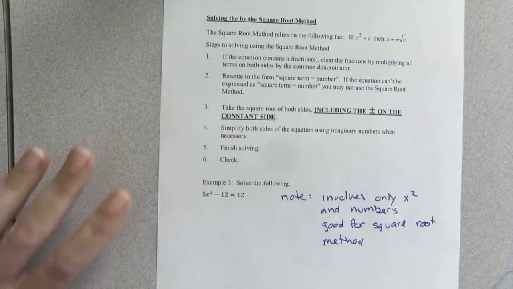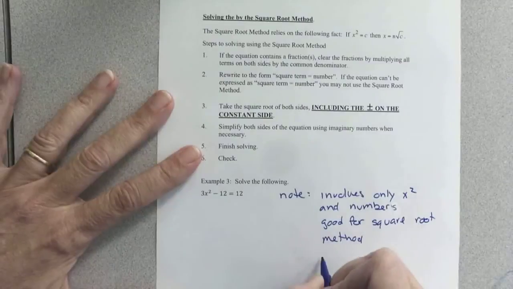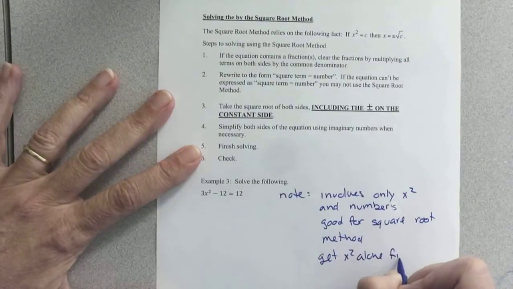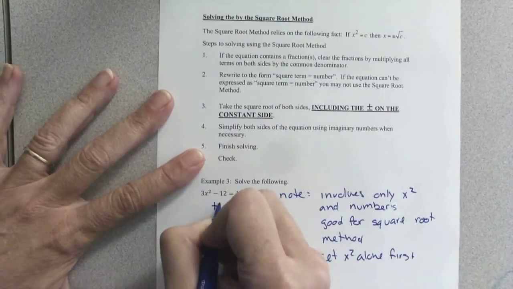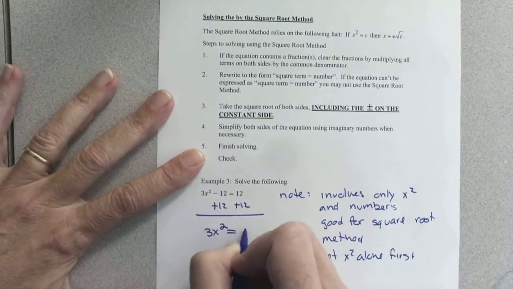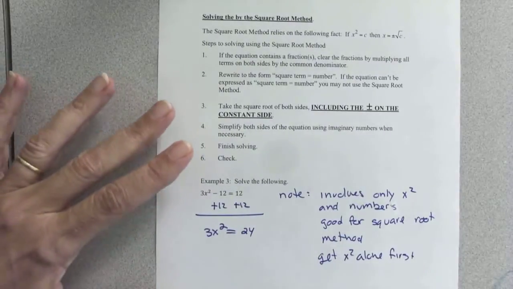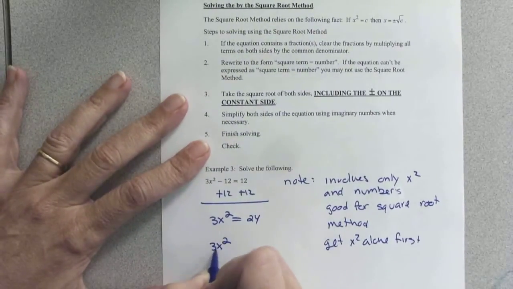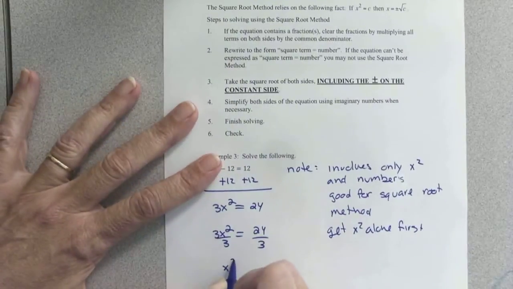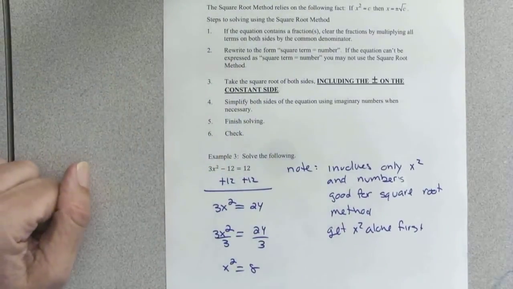So the first thing I have to do is isolate the square. So I'm going to get the x squared alone. I'll add the 12 to both sides, so I'll get 3x squared equals 24. Divide both sides by 3. So I get x squared equals 8.